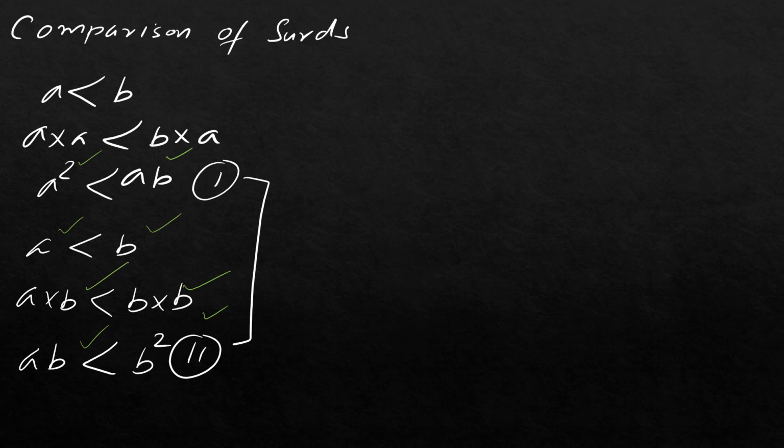This is known to you. So we got A square is smaller than AB, and B square is greater than AB, because we multiplied both sides with B.